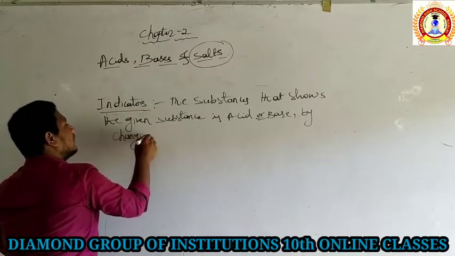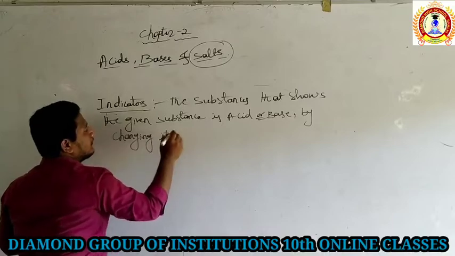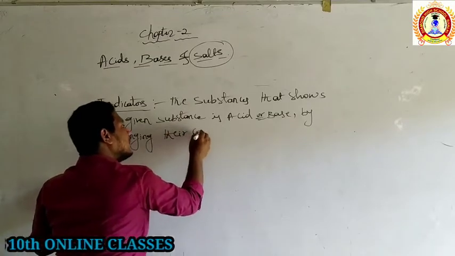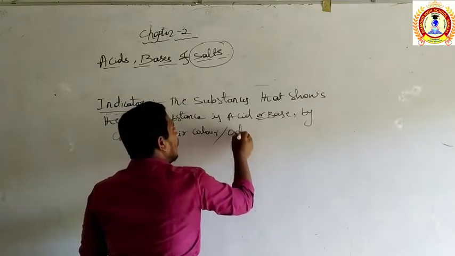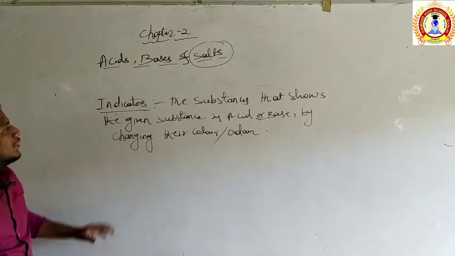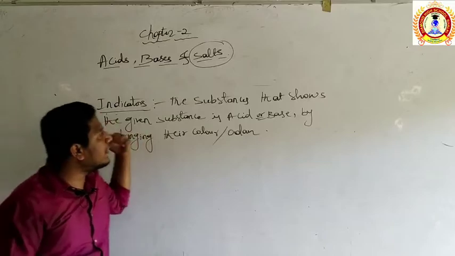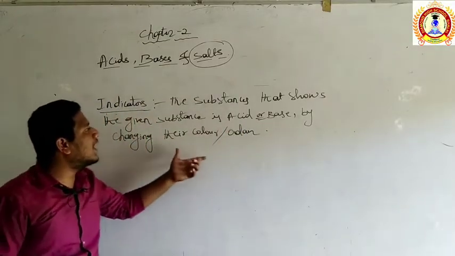By changing their color or odor. Odor means the smell. So the indicators are the substances that show whether the given substance is acid or base by changing their color or odor.